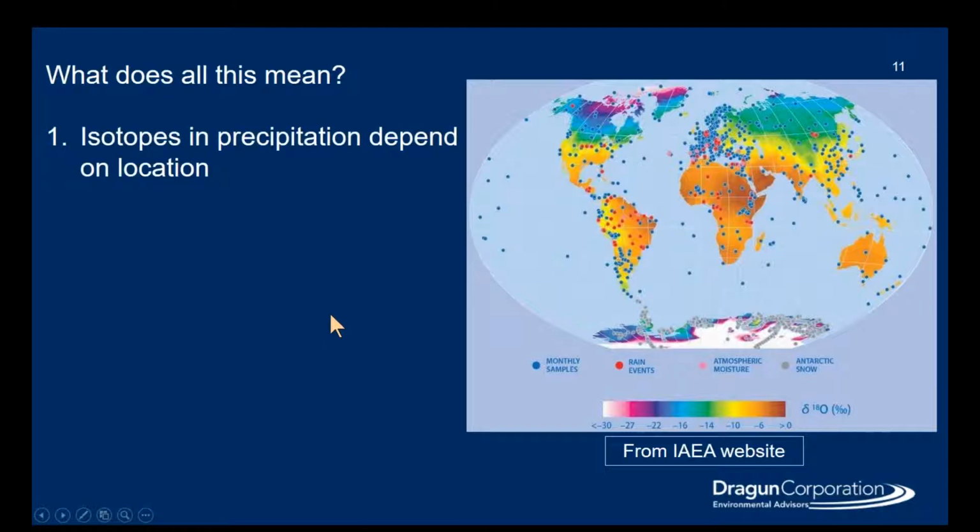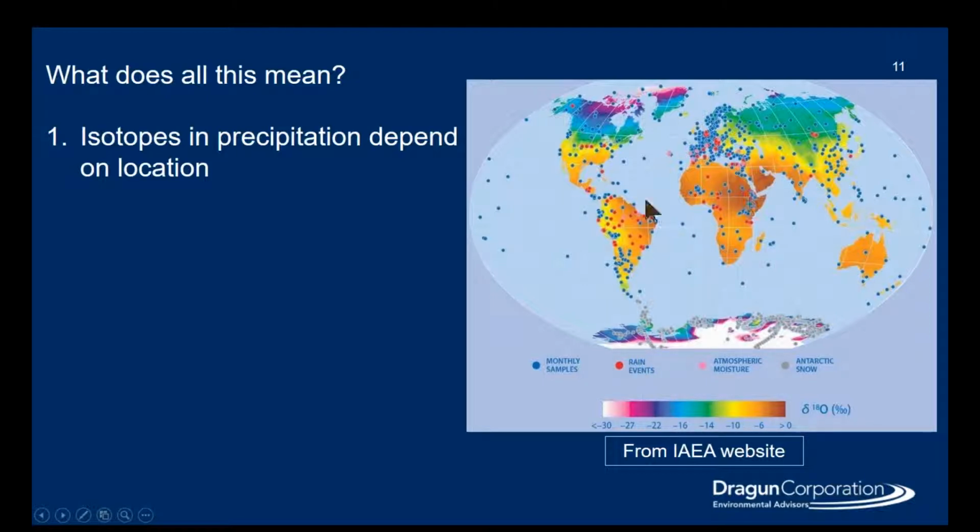So one thing we see from this is isotope concentration, the oxygen 18, in precipitation depends on location. So for example, where we are up here in the Great Lakes, you can see kind of yellowish color. It's minus 10 is the mean annual oxygen 18 concentration in that range. But if you were to go into the Arctic, you would see that you're down here at minus 27, minus 22, or the Antarctic.